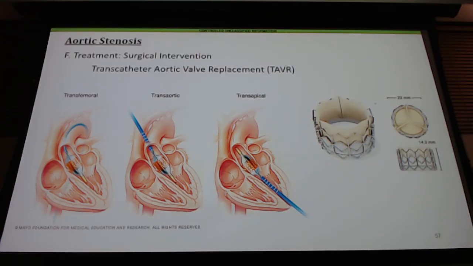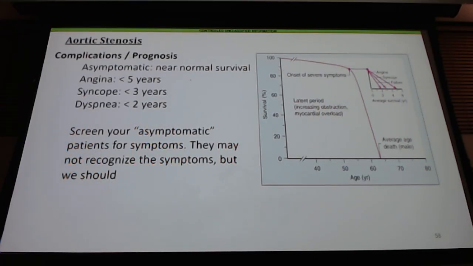That will deploy the device, and now you have a 3-leaflet synthetic valve in place to replace the diseased valve that was causing the aortic stenosis. And they tend to respond very well and very quickly from the surgery once they get it.